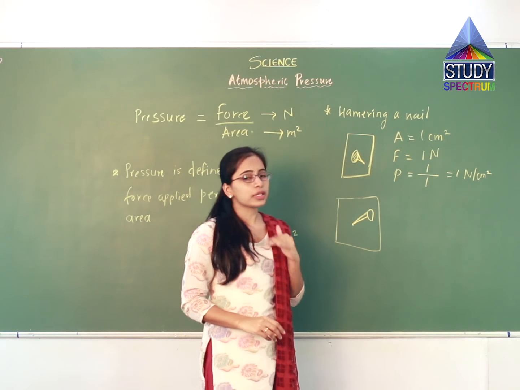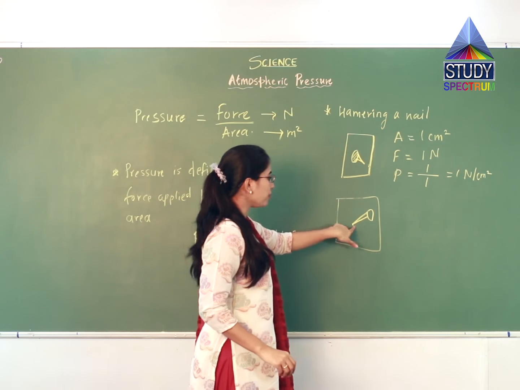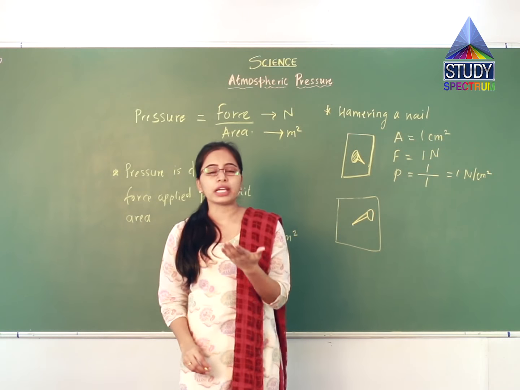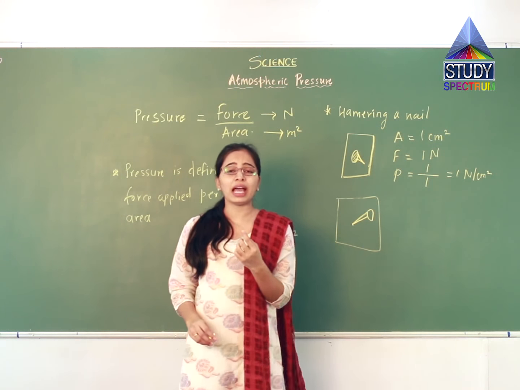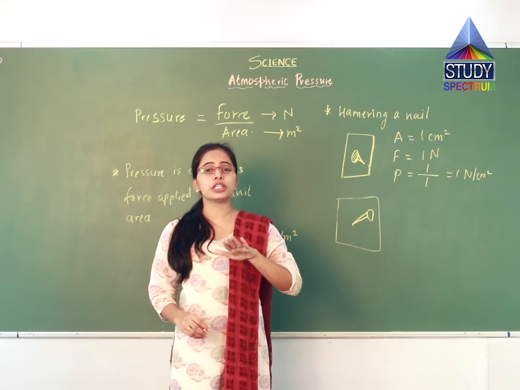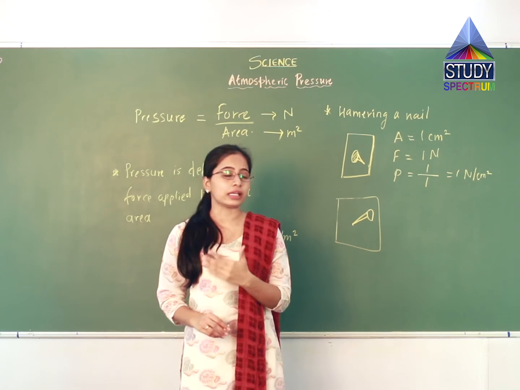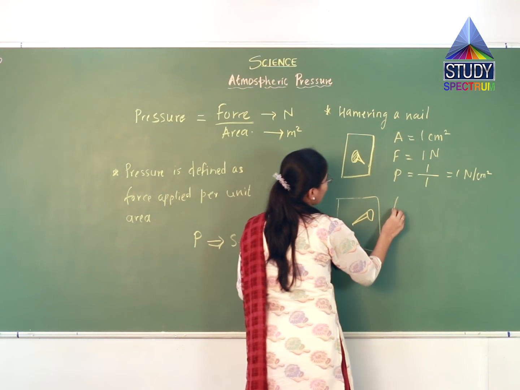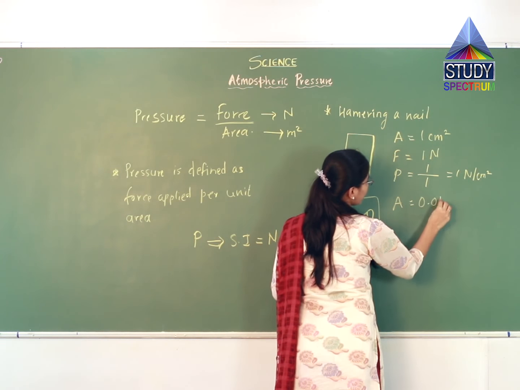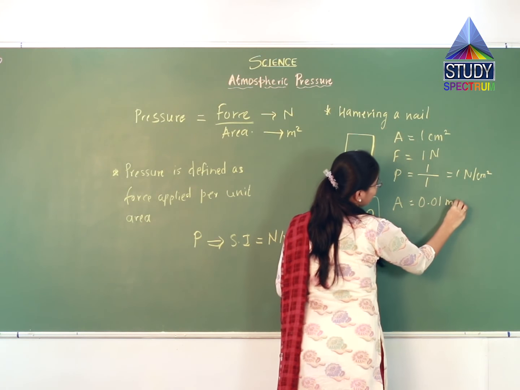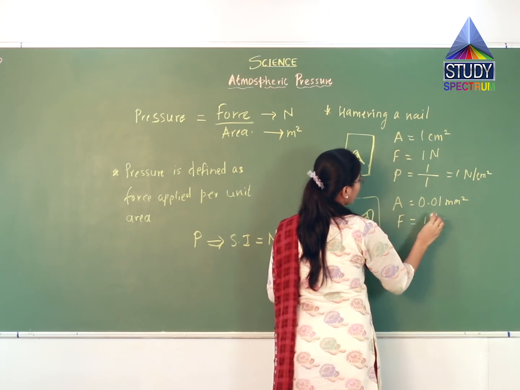Now suppose a similar case is happening, and you can see the area in contact with the wall is just a point area. It may have an area of 0.001 millimeter square, or it can be less than that. Suppose for our convenience I am taking this area as 0.01 millimeter square, and the same force, 1 Newton.